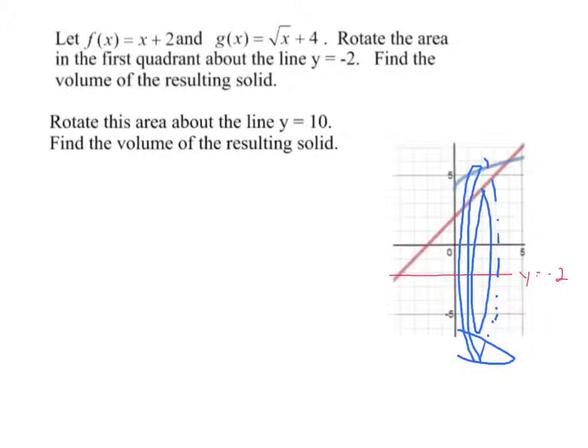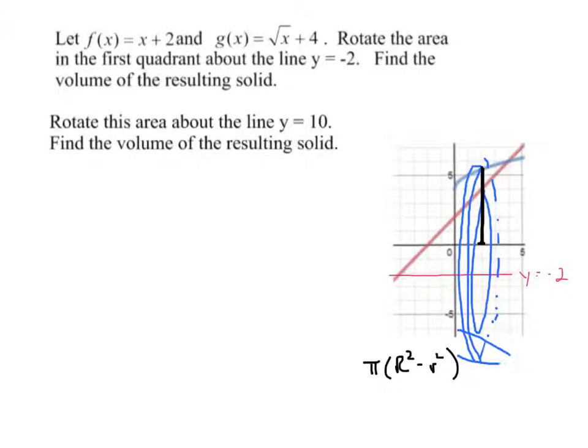The function, remember, always tells us the radius in relation to the axis. So what we've done here is set up this idea of pi multiplied by the big radius squared minus the little radius squared, doing the big circle minus the little circle.